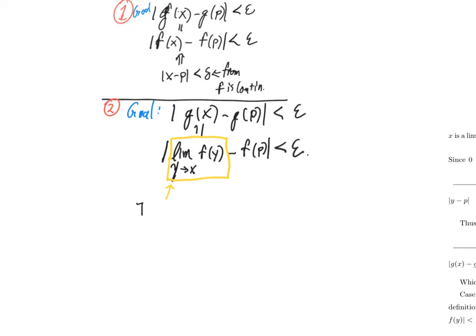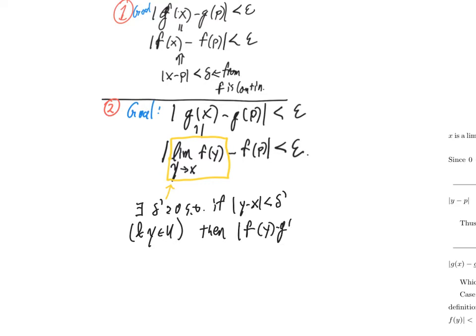That tells me that there exists some choice delta prime such that if the absolute value of y minus x is less than delta prime, and y is in U, the domain of f, then the absolute value of f of y minus g of x is less than something that's as small as I could possibly want. For now, I'll put an epsilon there and I'll see if it's good enough.